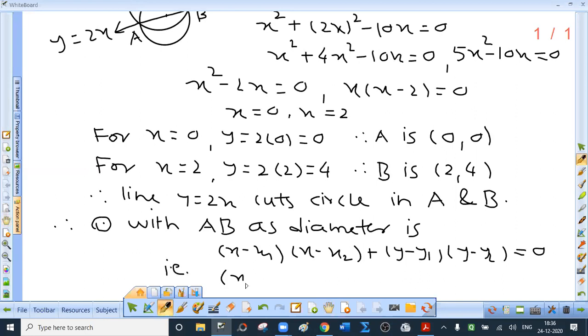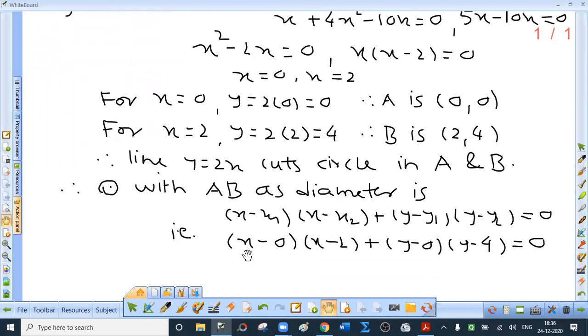That is (x minus 0)(x minus 2) plus (y minus 0)(y minus 4) equal to 0. Simplify this. So you get x square plus y square minus 2x minus 4y equal to 0.